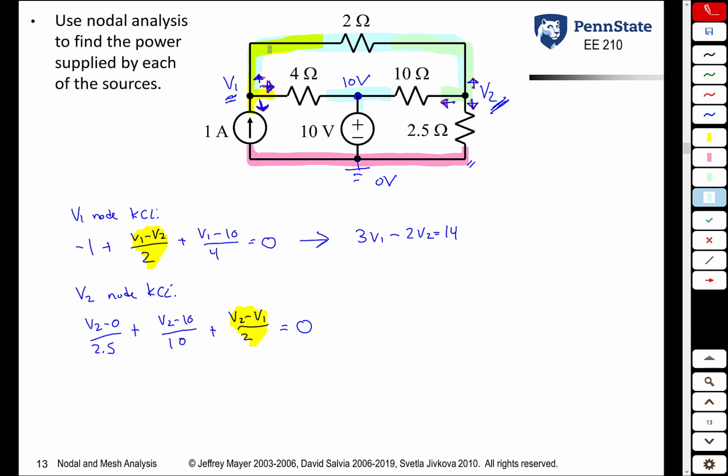One other thing I want to point out here is if you use the algorithm where you're always summing the currents leaving the node, which is what I like to do, when we're doing the V2 KCL equation, notice the expressions are V2 minus something, V2 minus something, V2 minus something. When we're writing the V1 node KCL, notice it's V1 minus something, V1 minus something.